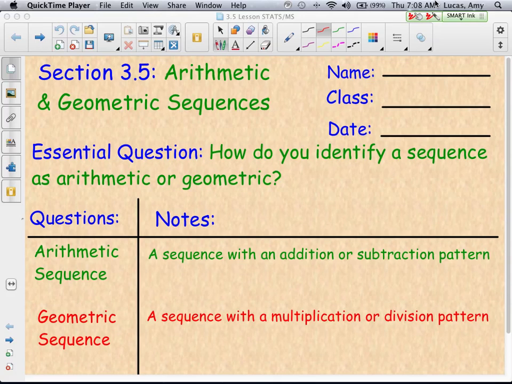The first one, arithmetic sequence, is a sequence with an addition or subtraction pattern. That means the same number being added or subtracted over and over from one term to the next.